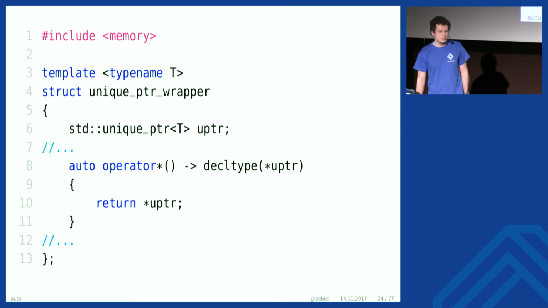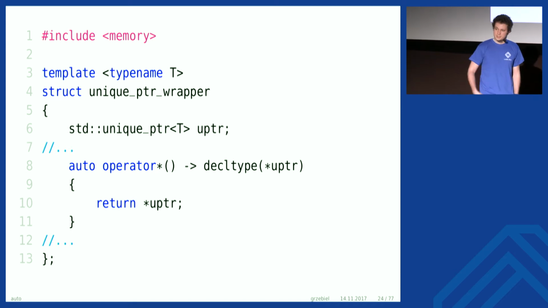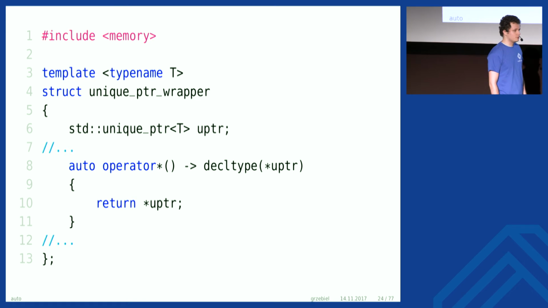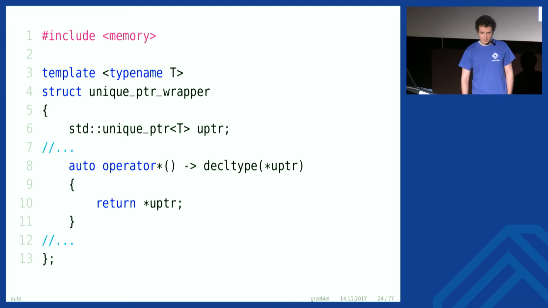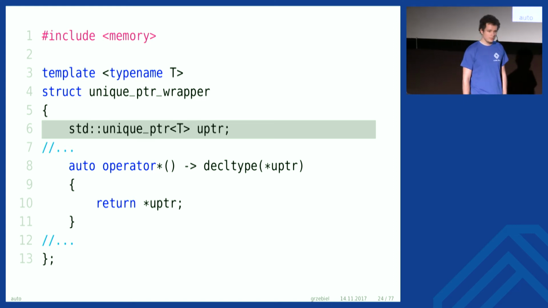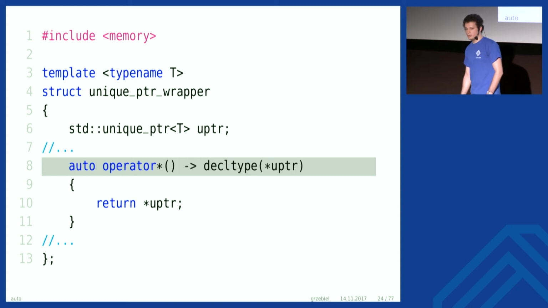If you were at the presentation by Mark Isaacson today, you will know that in C++, possibly 20, you will be able to just overload operator dot. But in this case, we are still in C++14 or maybe 17, so we need to implement a full-blown object. We take our unique pointer as a member, and we need to define operator star.